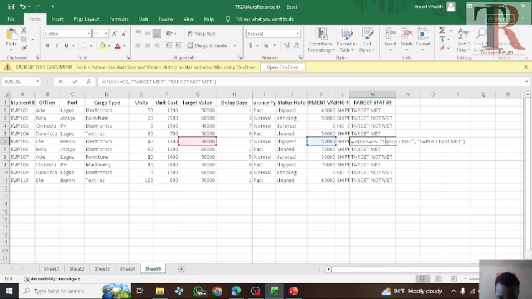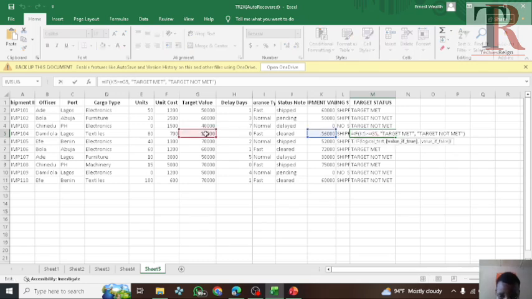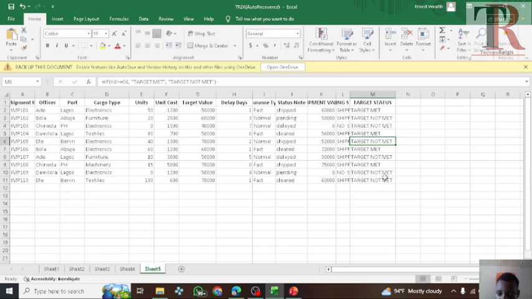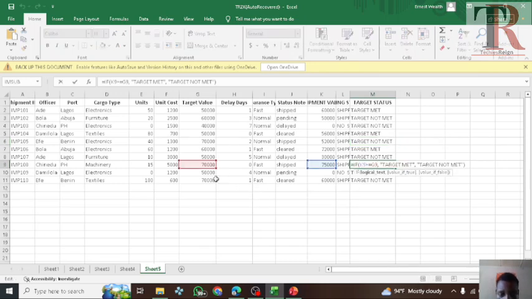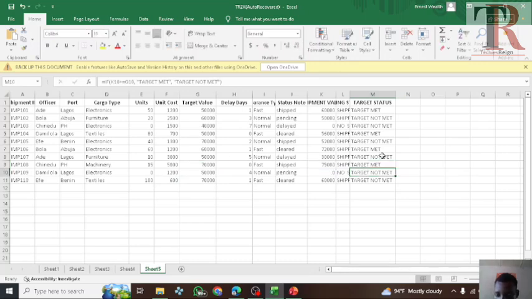Here the same thing, target is not met, but here target is met because 50,000 is the target and we sold 56,000. Also here target is not met. Okay, target is met here, 70,000. See, 75 is greater than 70,000, so here target is met.